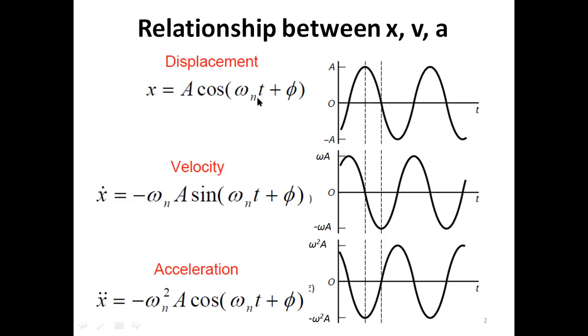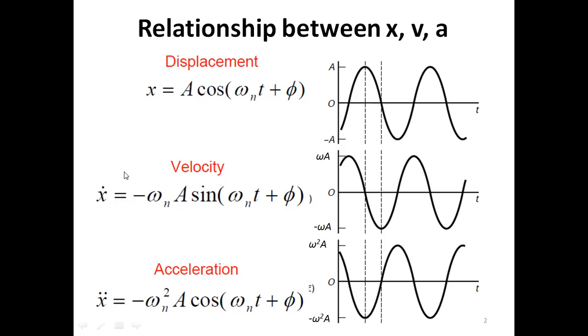If we differentiate this equation with time, we would get the velocity. Meaning that once we have a model for the displacement, we could find the velocity by just differentiating that equation with respect to time.